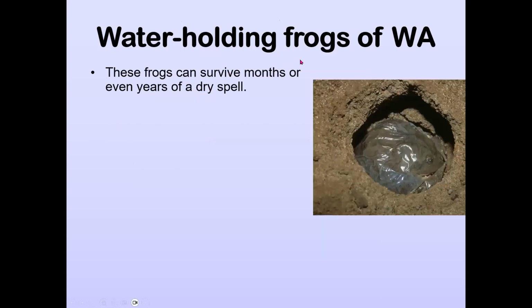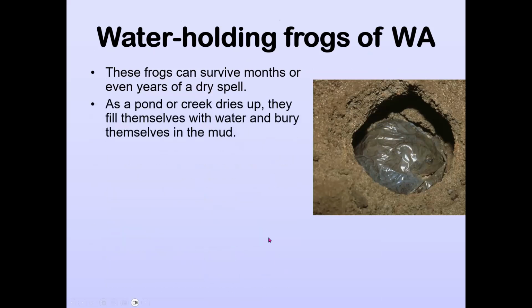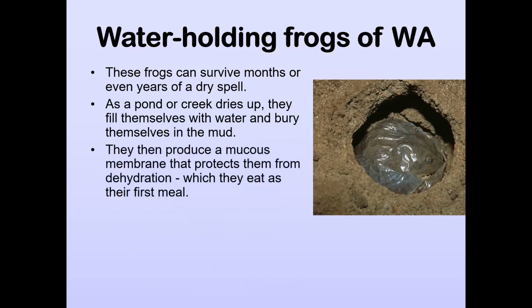We have a water-holding frog in Australia, in WA, and they can survive for months or even years when it's totally dry. How do they do it? Well, as a pond or a creek is drying up, they fill themselves with water, bury themselves in the mud, and produce a mucus layer around them.